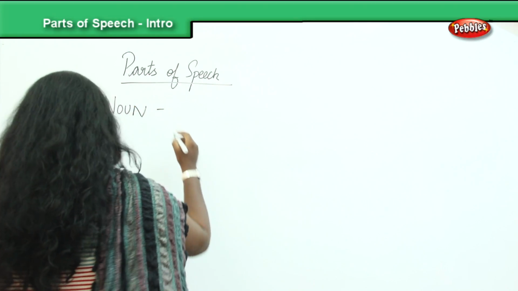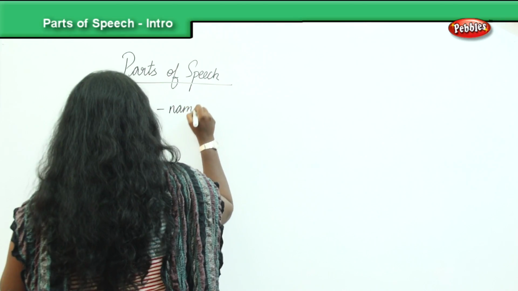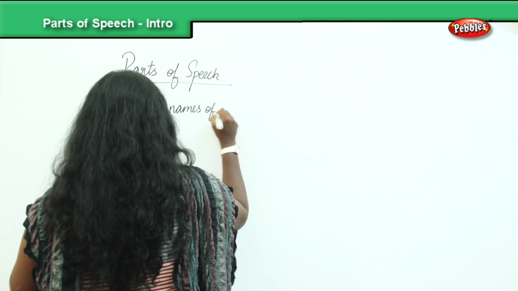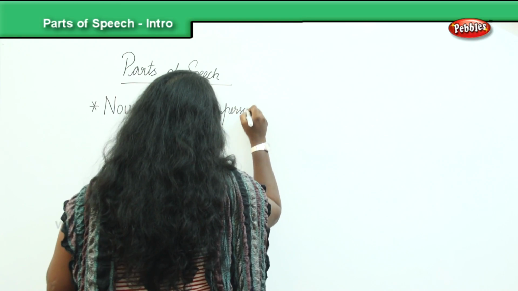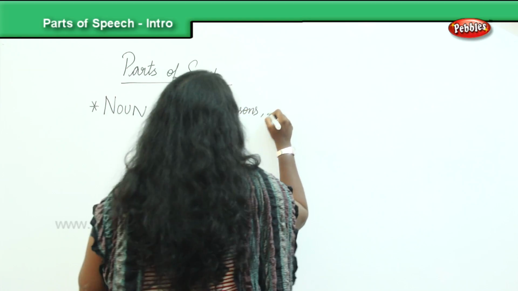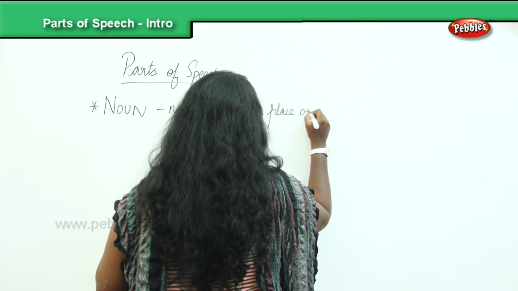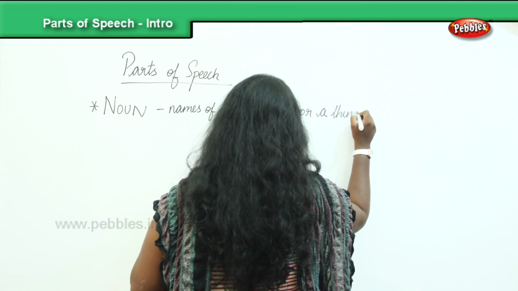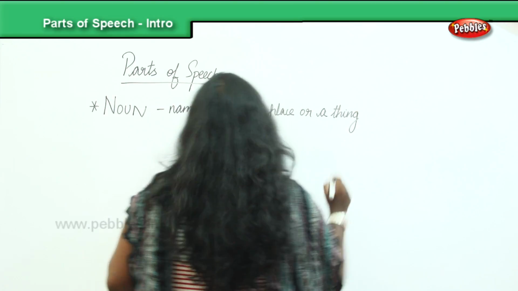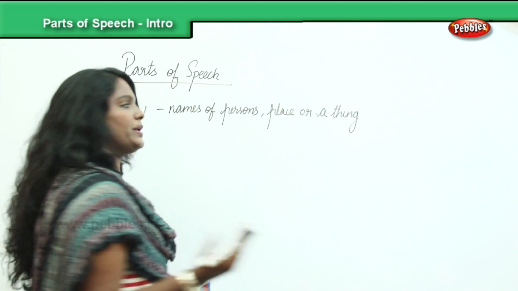A noun is nothing but names of persons, place, or a thing. We all know this. Let's see what are the different types of nouns we can have.